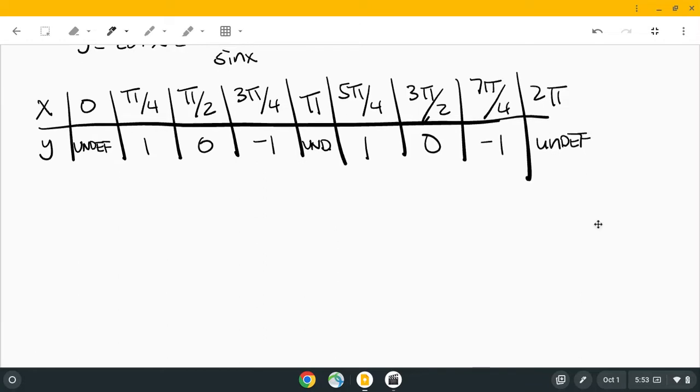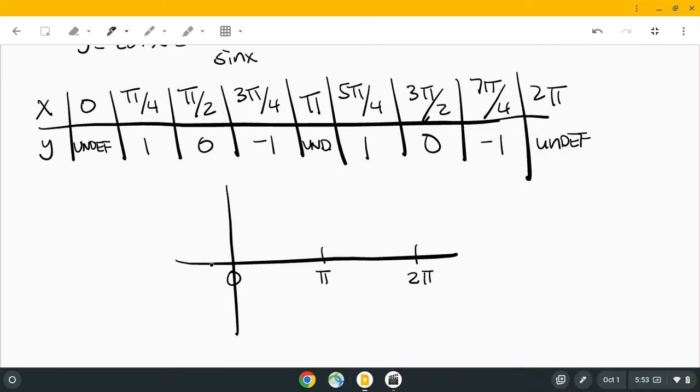Let's take a look at what this graph looks like from 0 to 2 pi. 0 is undefined, pi is undefined, and 2 pi is undefined.